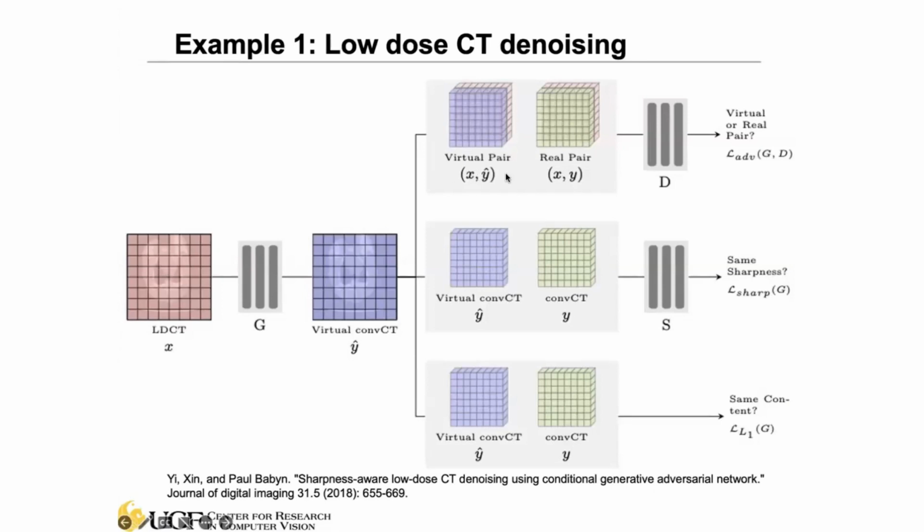The way they generate the data is they simulate this low dose CT image by adding additional noise, right? So you can take the conventional CT and add noise to the data, or do some image degradation to generate the corresponding low quality data. Then you have a training pair, right? So you can train this conditional GAN using this training set, okay?